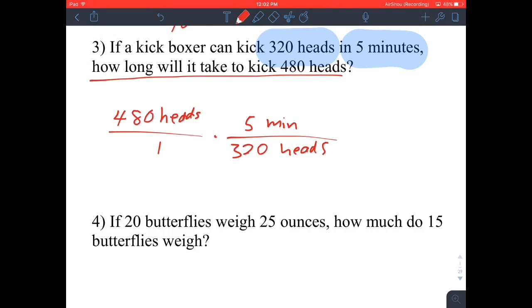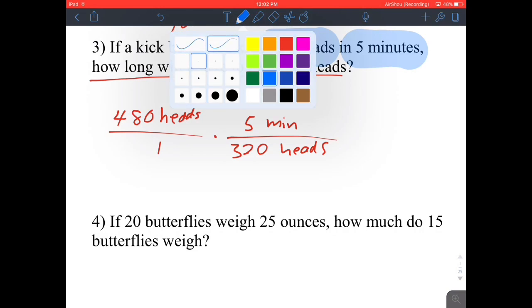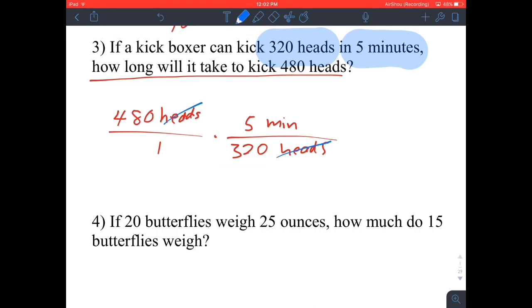As far as canceling goes, heads cancel. You can do some division here to get this simpler, but you know what? What's the point? We want to save time. If you multiply 480 times 5 and then divide it by 320, 480 times 5 is 2,400.